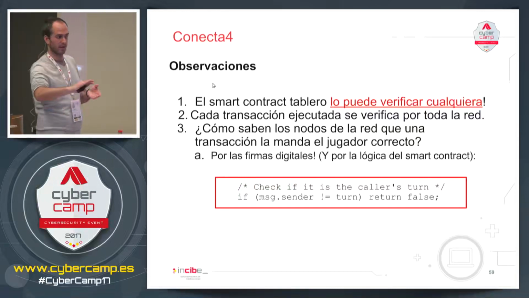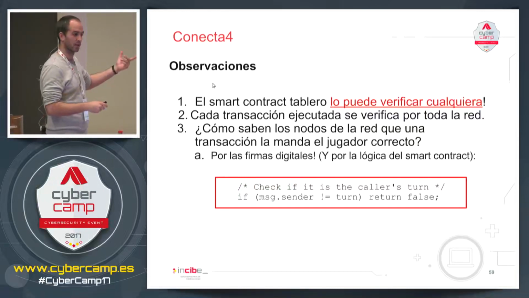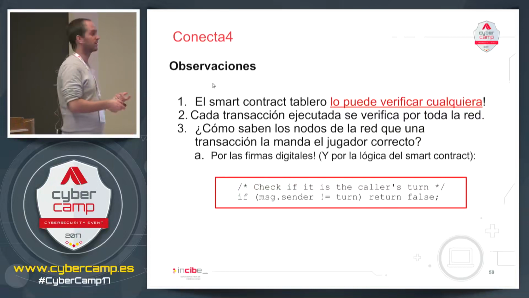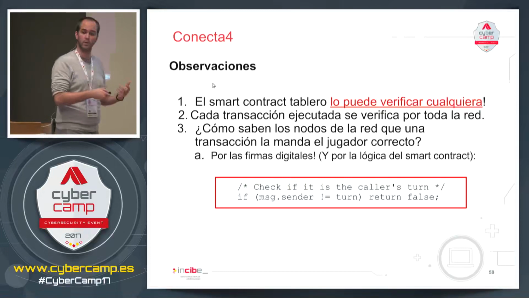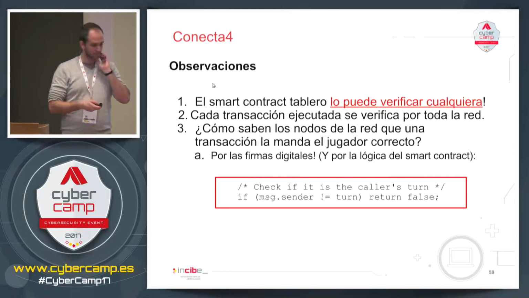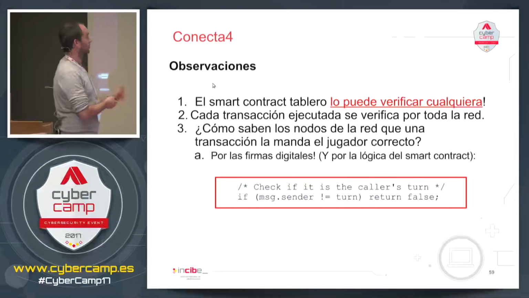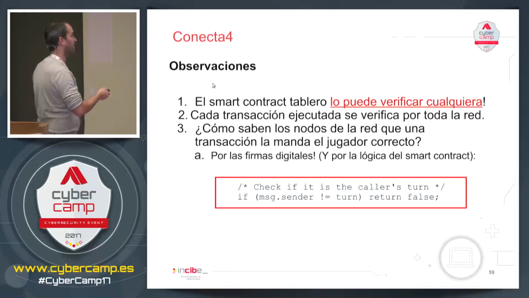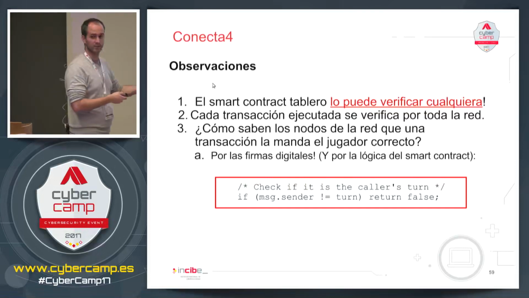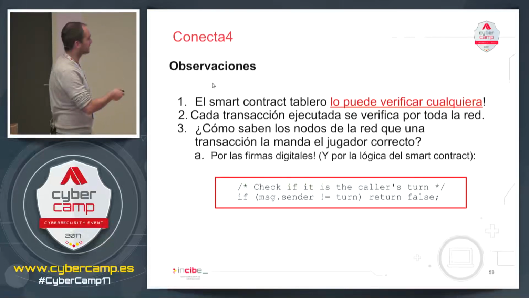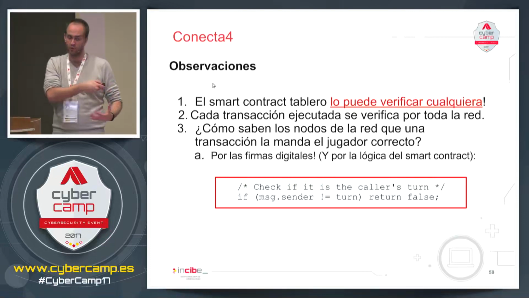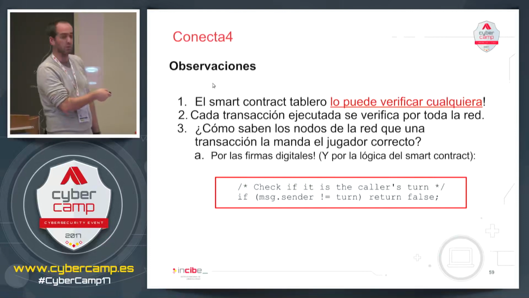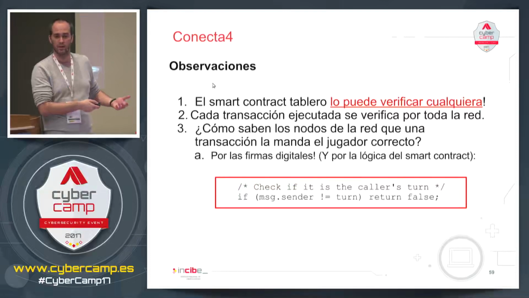This transaction triggers a smart contract player, and this is called contract Connect4. And it has this line of code, an IF. And if the sender is different to the caller's turn, then the return is false.